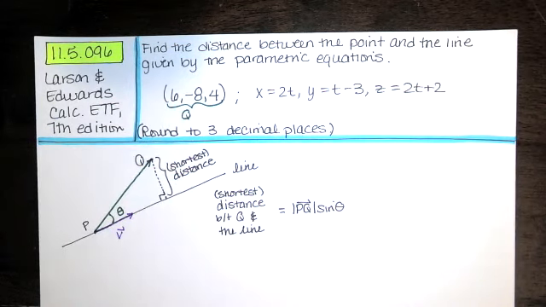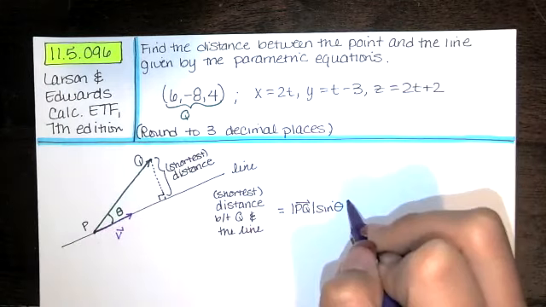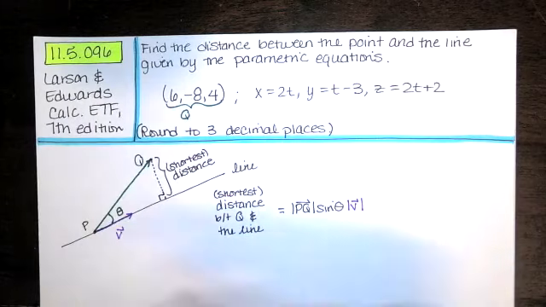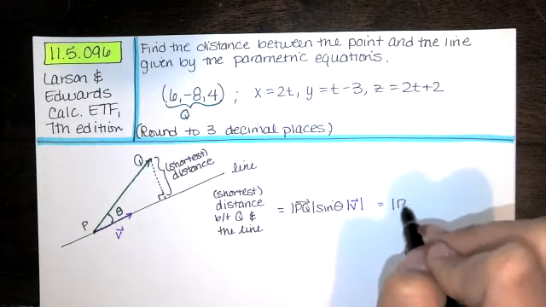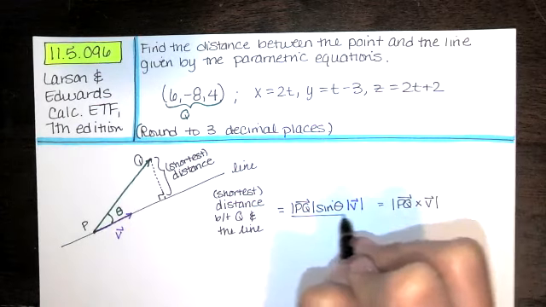The magnitude of a cross product has those two magnitudes times the sine of the angle between the two vectors. So I've already got the magnitude of PQ here. The only thing that's missing is the magnitude of V, and now that is the magnitude of the cross product of the vector PQ with V.